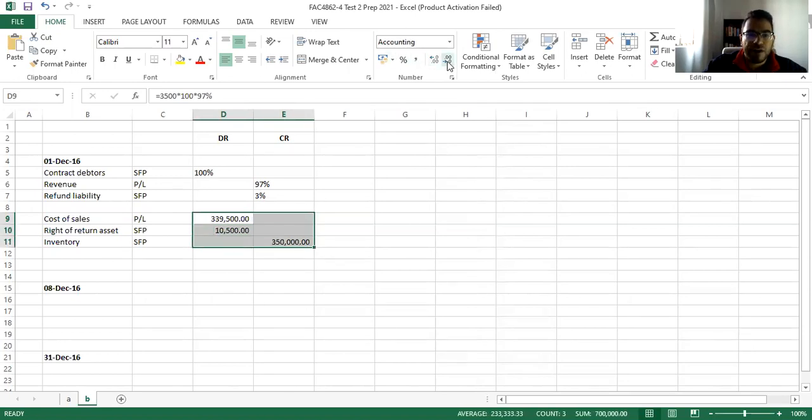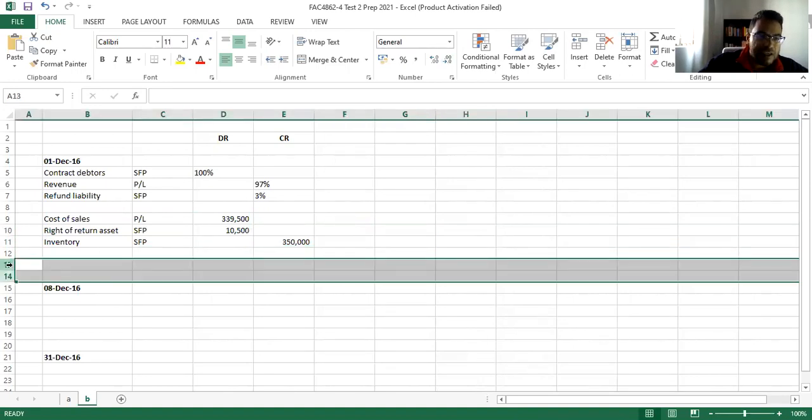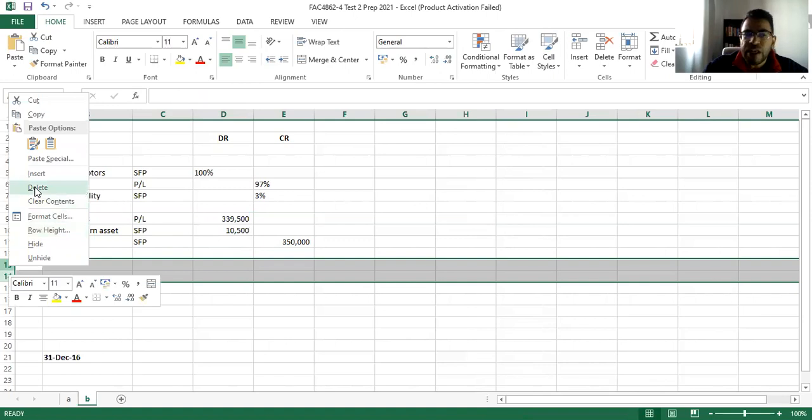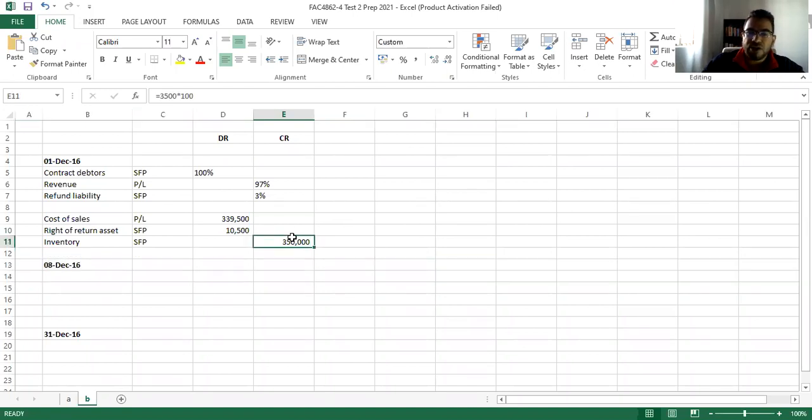Now we will deal with the transaction price. The cost of sales was easy. They told you the cost price is 3,500 per computer multiplied by 100 computers. So 100 computers left our business, and the cost of inventory decreases by 100 computers. If there was no refund policy, cost of sales would have increased by the full 100%.